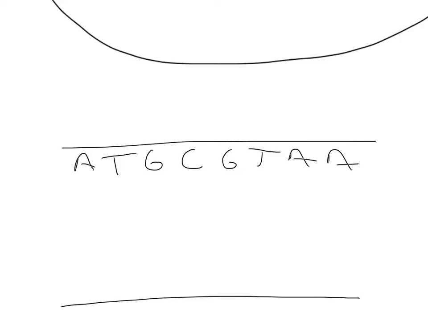And on our complementary strand, we're going to have our T, A, C, G, C, A, T, T. But now these two strands, as they open up, provide the template for a new molecule of DNA. So new nucleotides come in, and they match up with their partner.